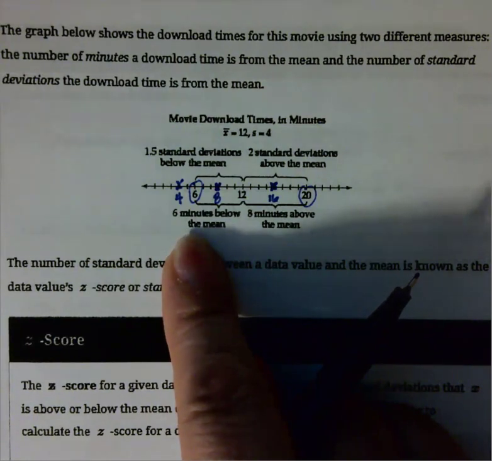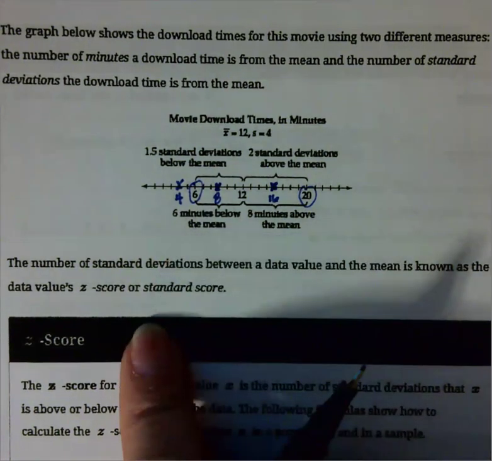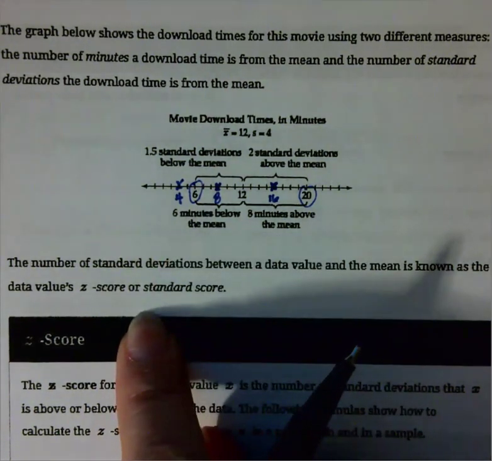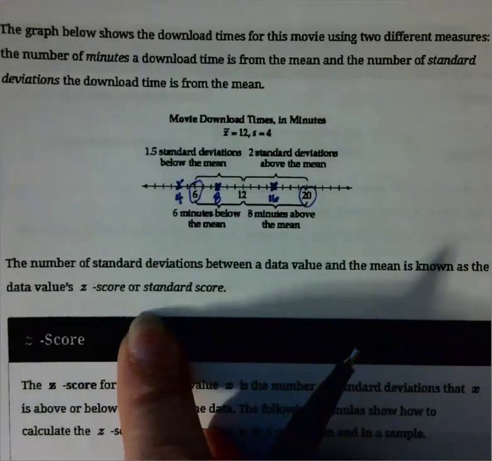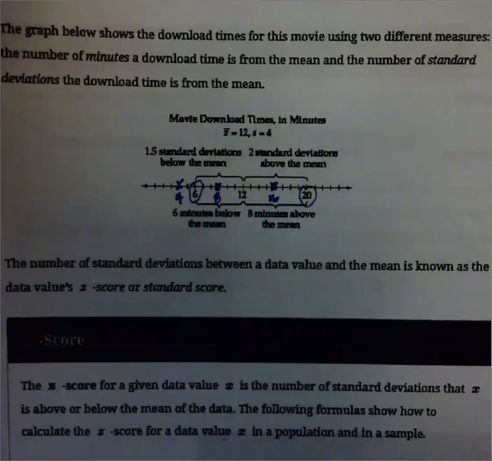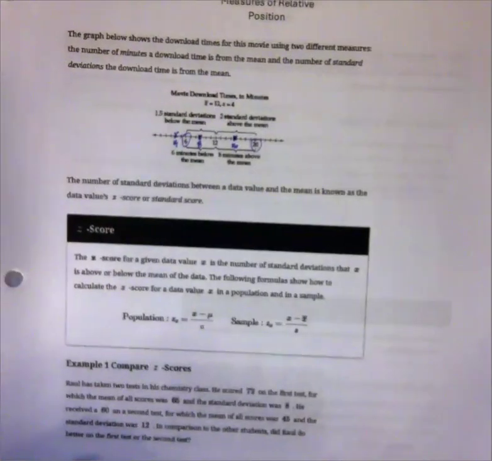As we're looking at how many standard deviations away something is, we are talking about the z-score. It is a way to standardize our measurements. So we're going to be looking at finding z-scores next.